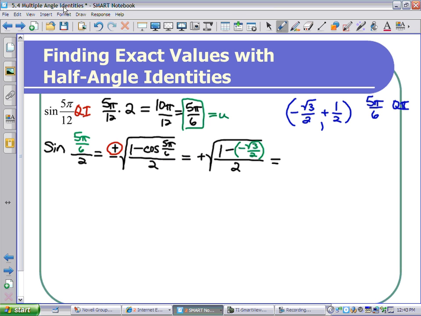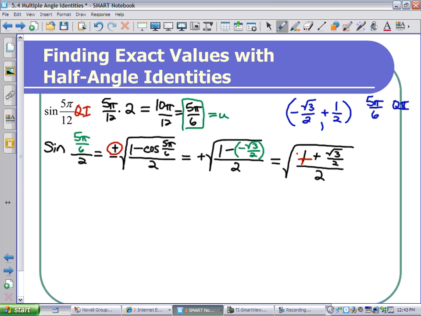Okay, I need to simplify this down a little bit. So I have 1 plus, because a negative times the negative, so I get 1 plus the square root of 3 all over 2, over 2. Well, I've got a fraction within a fraction here. If we look to first get common denominators in the numerator, this would look like 1 over 1.